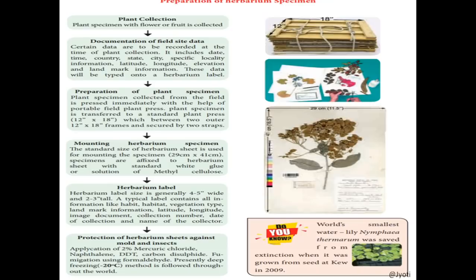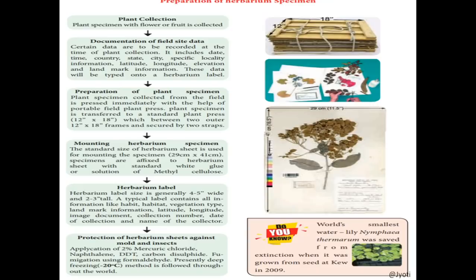Okay. After that, the most important step is protection of herbarium sheets against mold and insects. Often what happens, insects eat or they damage the herbarium, that is the plant parts. Okay. So this can be preserved and protected by applying 2% of mercury chloride.